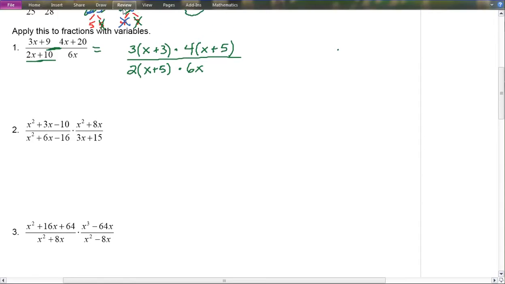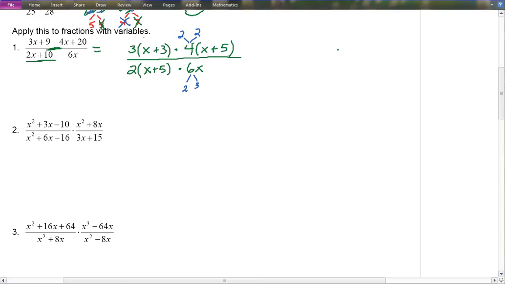Okay, now for each remaining part, you need to split it up using a factor tree. Okay? So the 4 can get split up into 2 times 2. The 6 can get split up into 2 times 3.